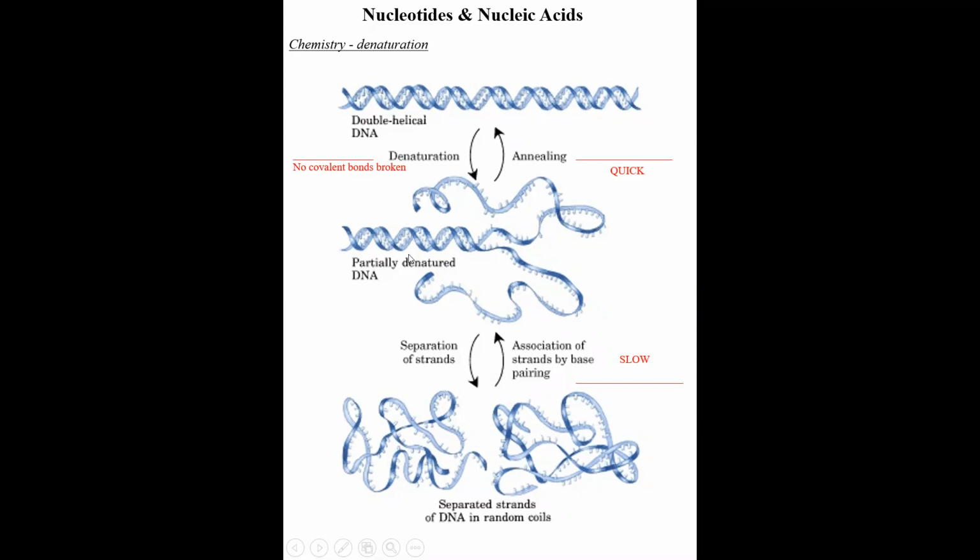Partial denaturation happens within a few nanoseconds, but complete denaturation of DNA is a slow process. Therefore, during complete denaturation, there occurs complete separation of strands, and these separated strands of DNA form random coils upon separation.